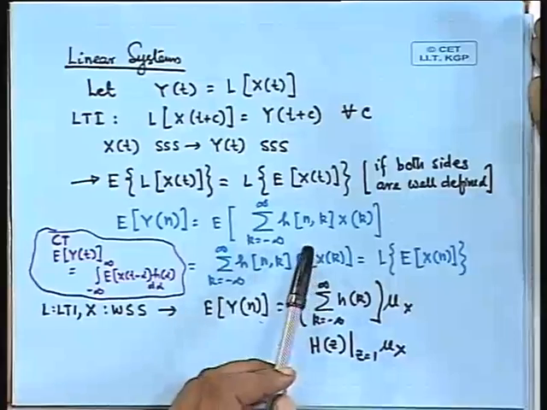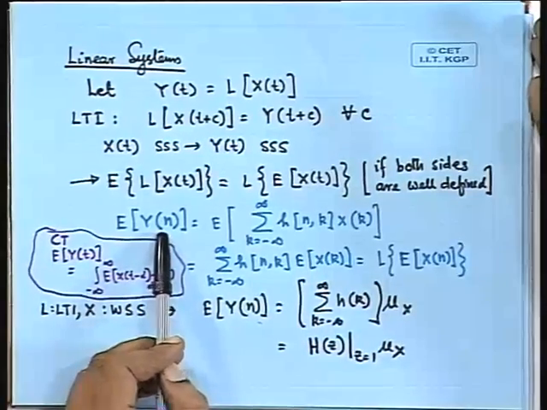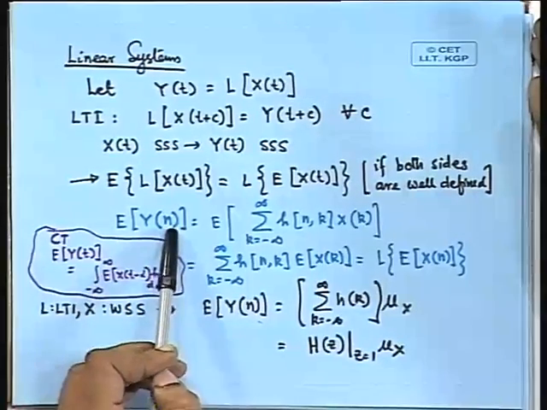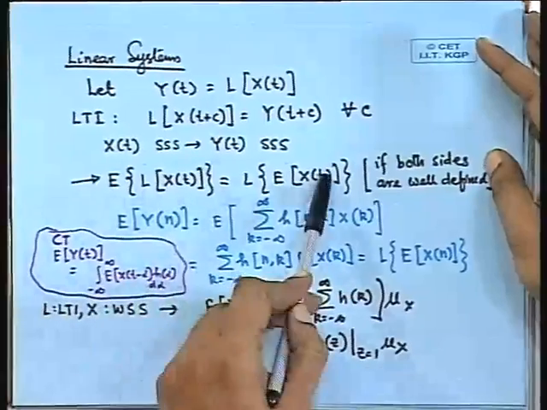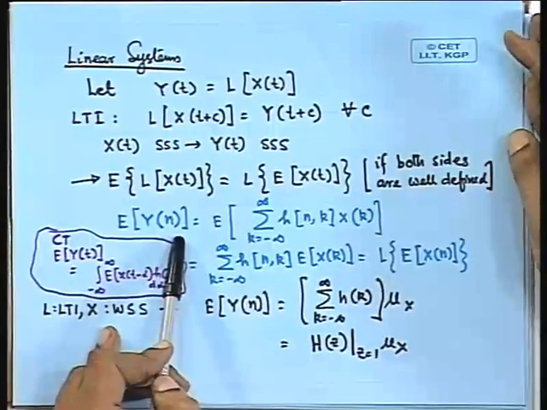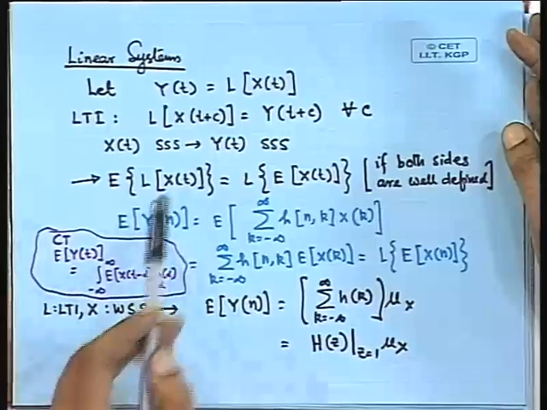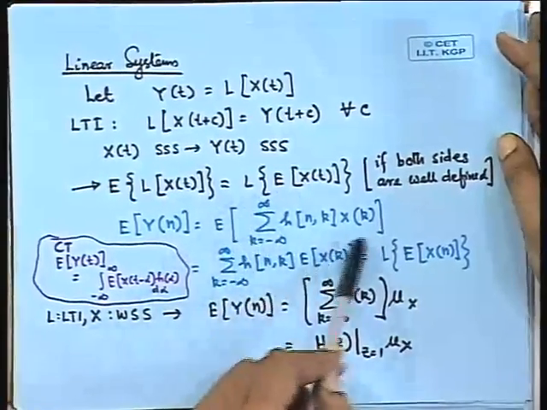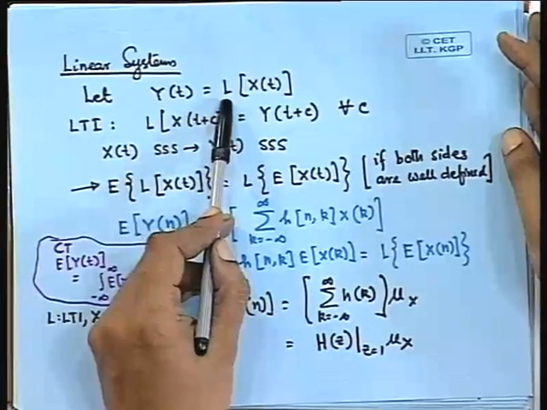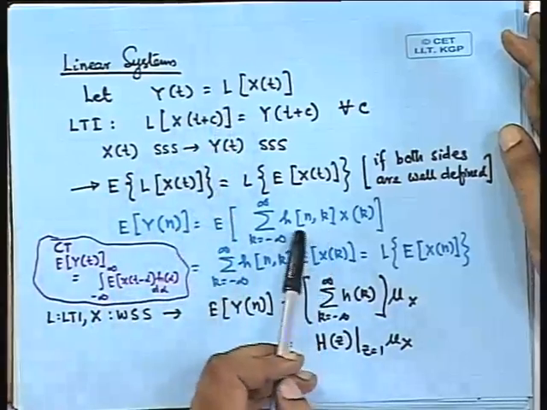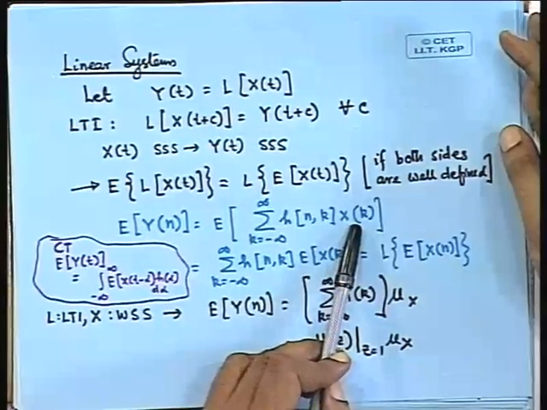So in the discrete time sense, expectation of yn is equal to what? This is a kind of proof of this in the discrete time case. So what is expectation of yn? yn is given by this impulse response operator, because we are talking about linear systems. So it is h of n,k times x of k.